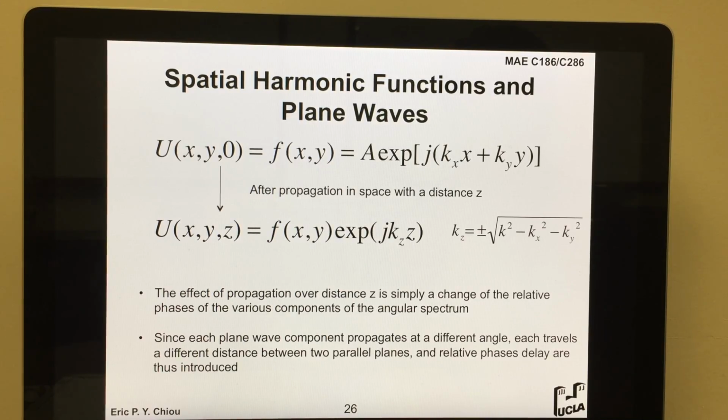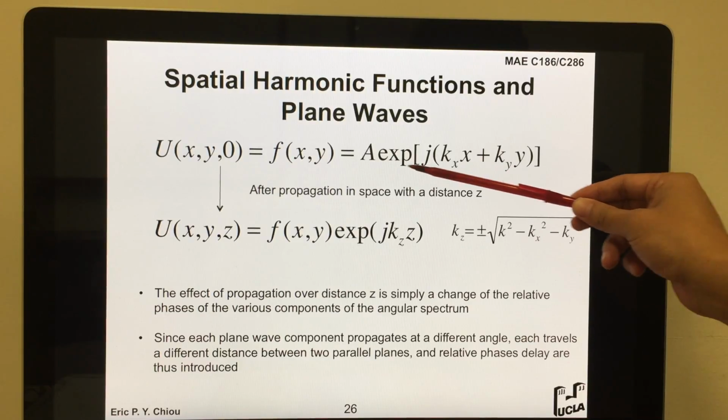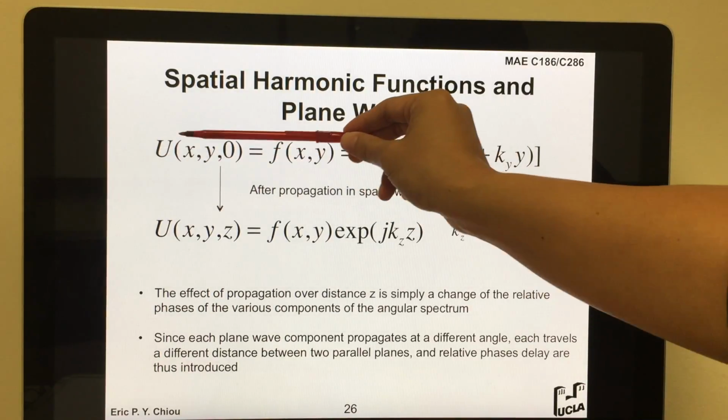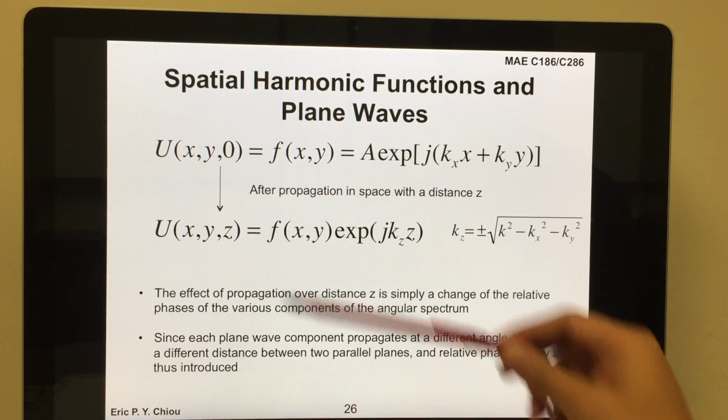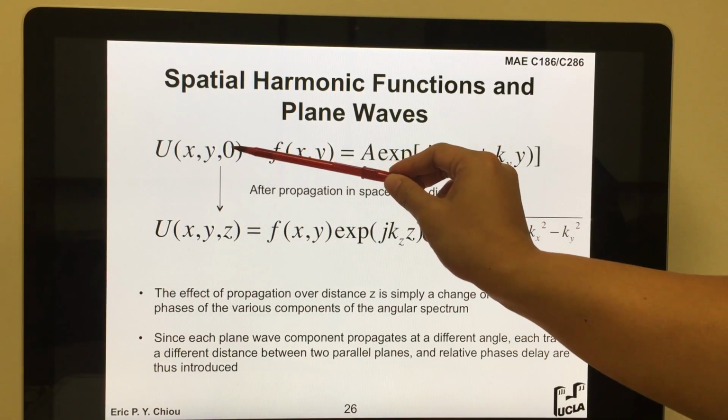This slide, what we want to show you is how the harmonic function or plane wave, when it propagates in space, how do we understand it? Let's say you have a u function which represents the amplitude at location z equal to 0.